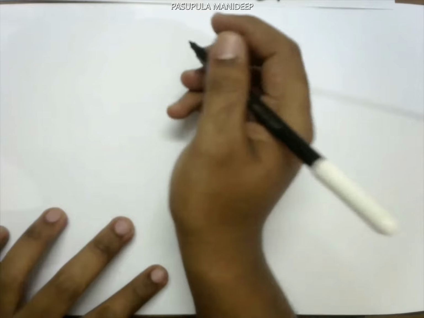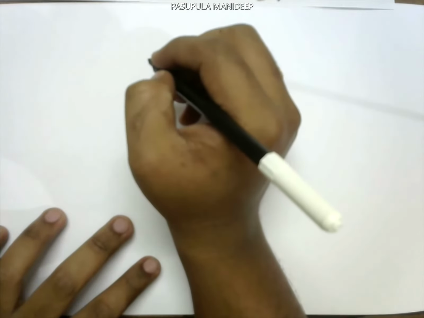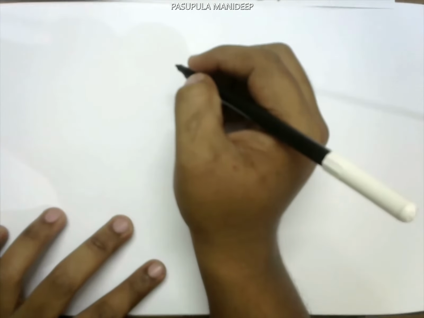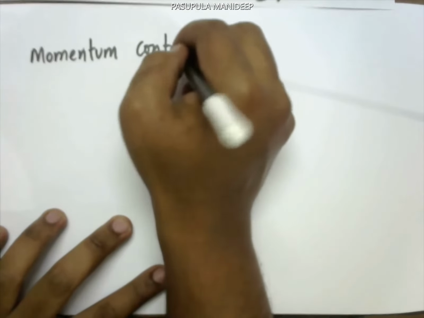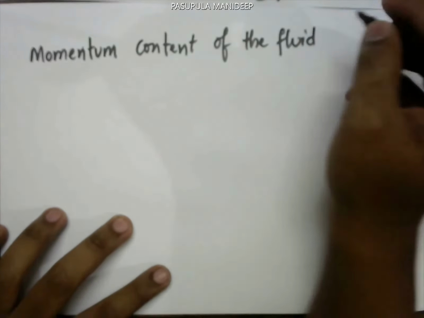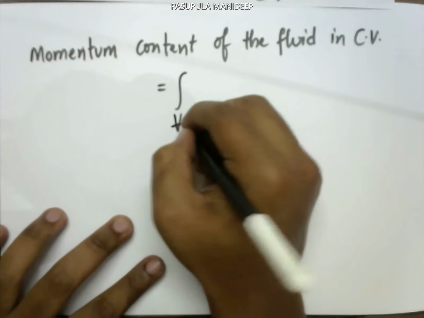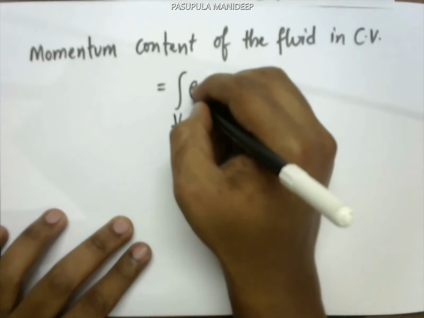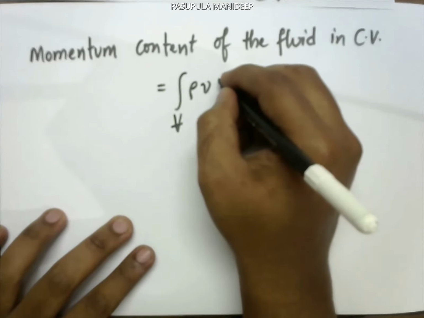Now, as the density rho and velocity v can both be dependent on the position, we can write the momentum content of the fluid in the control volume as the volume integral of rho, which is the density, into the velocity vector, into dV.